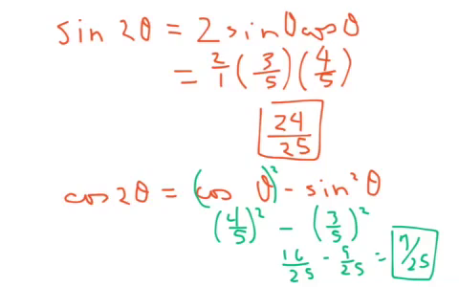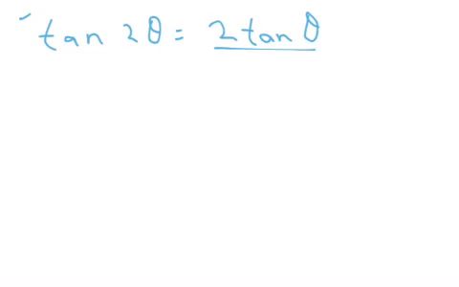Now we're going to do tan of 2 theta. Tan of 2 theta equals 2 tan theta over 1 minus tan squared of theta. These are the ones right here, the tangent ones, that I don't really have memorized. Alright, so tan of theta is 3/4.